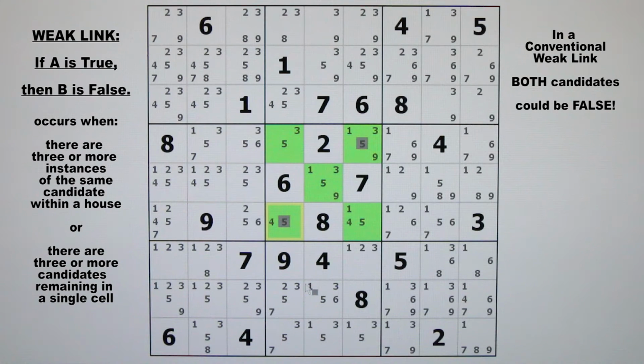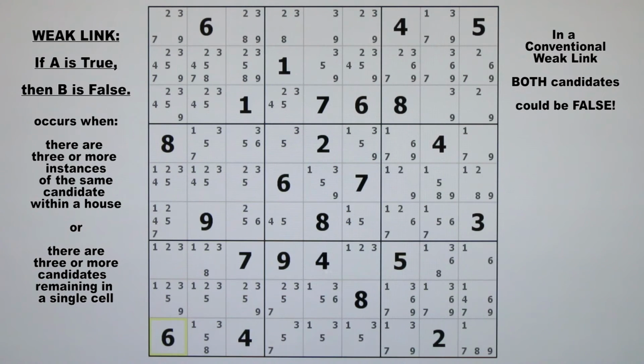So between any 2 of them, there is only a weak link. And this applies to rows, columns, and blocks. And this is the case when there are 3 or more instances of any particular digit in a house, and also if there are 3 or more candidates within a single cell. Any 2 of those candidates are also weakly linked.